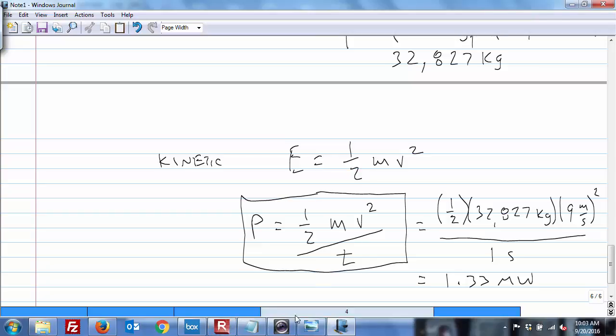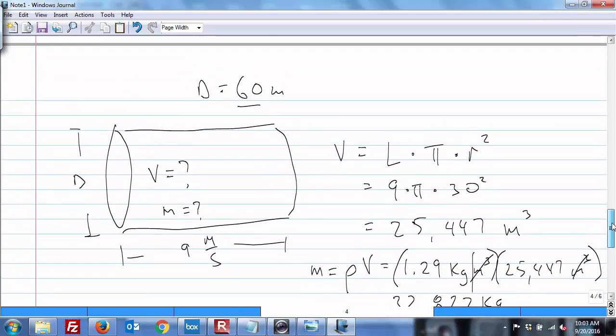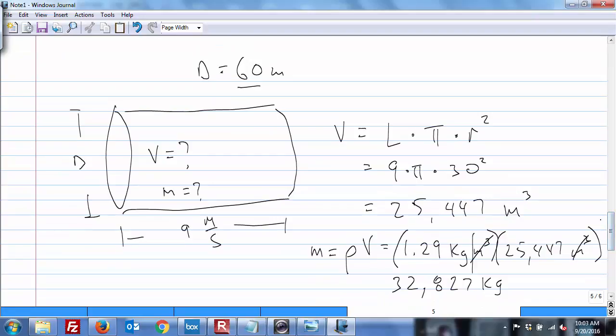So that's kinetic energy. Can you go up just a little bit? Oh, sure. Yeah. So we started out, just to review it, the diameter of the turbine was 60 meters. We needed to know the volume of that chunk of air traveling through the turbine. We know that volume is the length times pi times r squared.